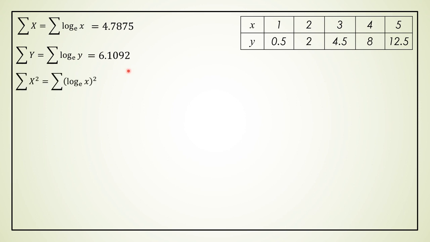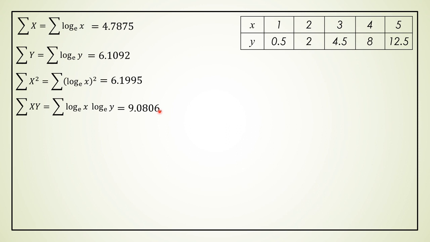Summation X squared is nothing but summation of log x whole square, that is 6.1995, and summation XY is nothing but summation of log x into log y, which is equal to 9.0806.